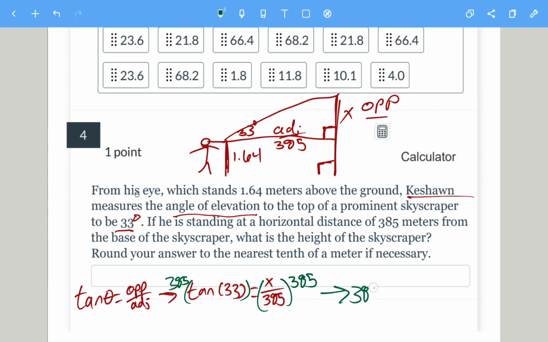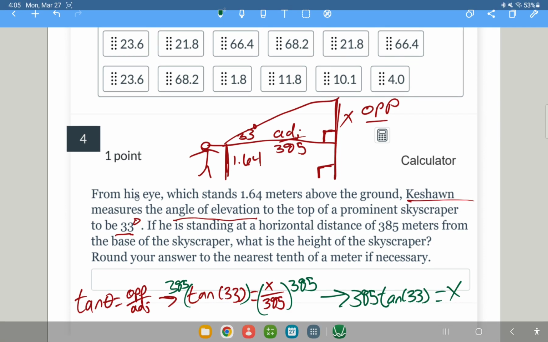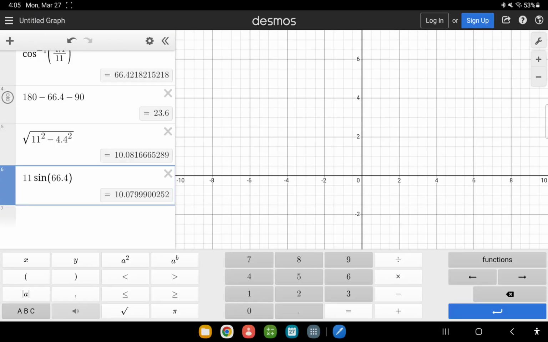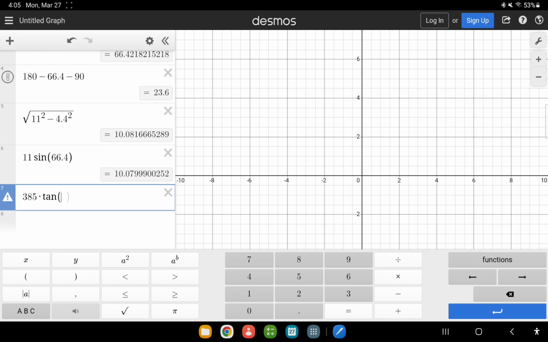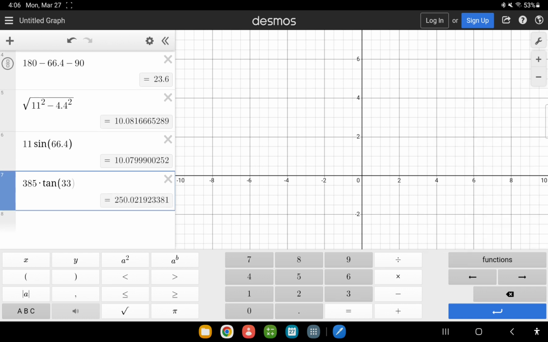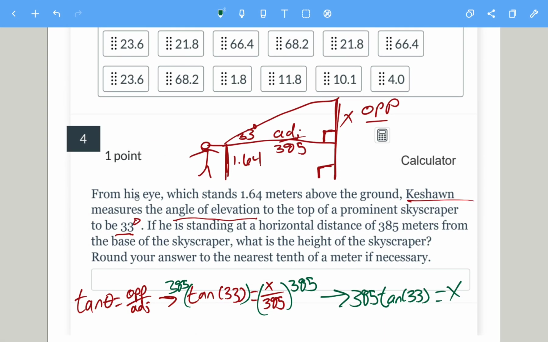And that gives us 385 times tangent of 33 equals part of x. So 385 times tangent of 33, which gives us 250.02. But we also have to add in our 1.64 because that angle is from our eyes.